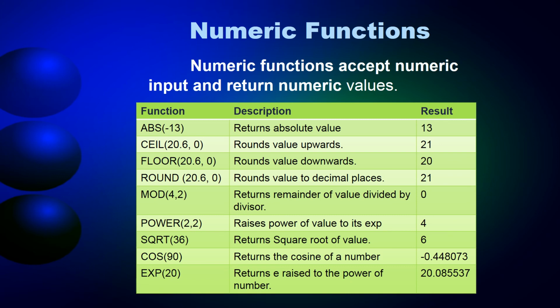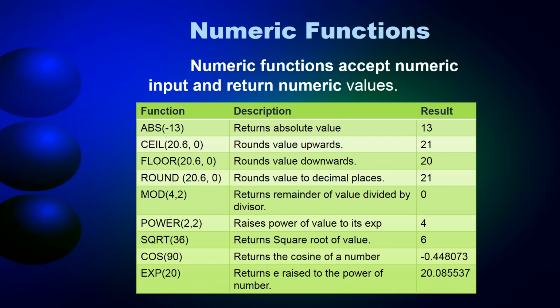Next is cos of 90. This function will return the cosine of a number. That is, cosine of 90 will return the value minus 0.448073 as a result. Next function is exp of.